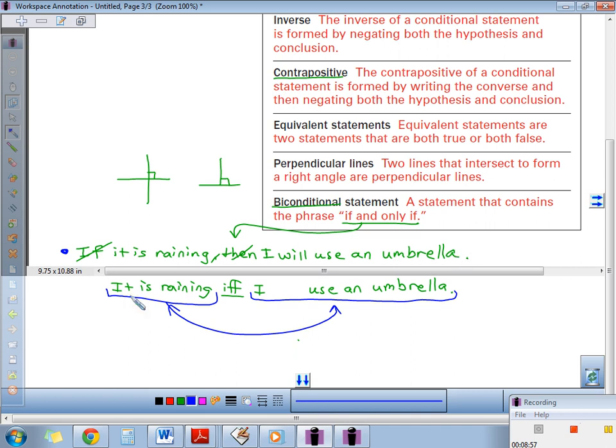So you'll cut off the if and then, occasionally remove words to make it sound better, and insert if and only if, IFF. This is logical thinking. It's not exactly what you're used to considering as math, but logic is a part of math, and especially geometry.